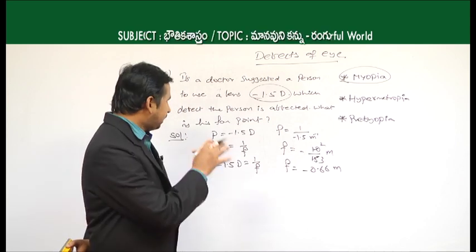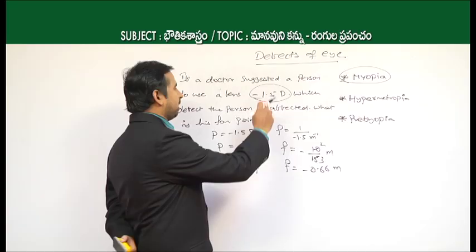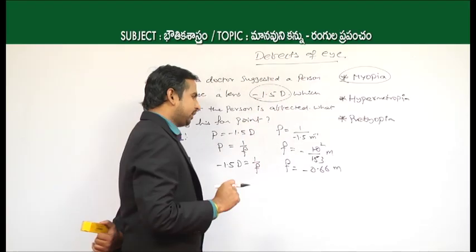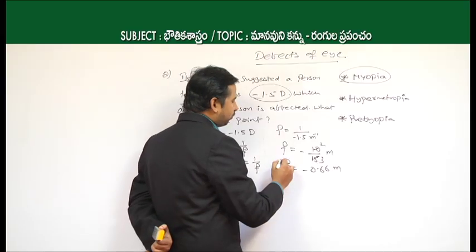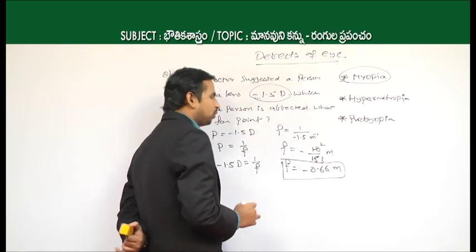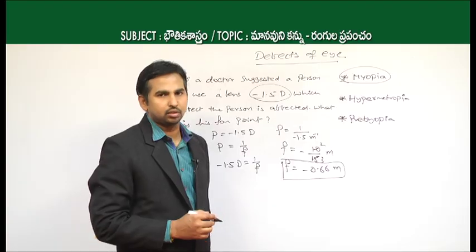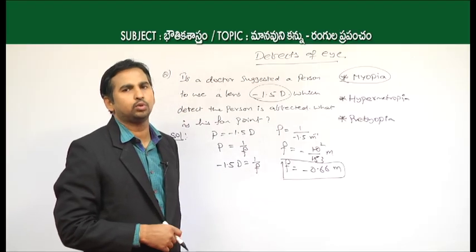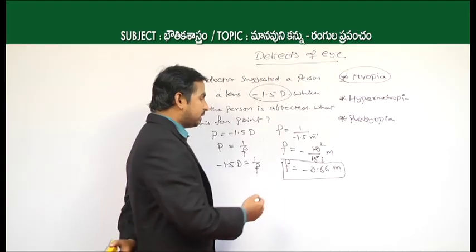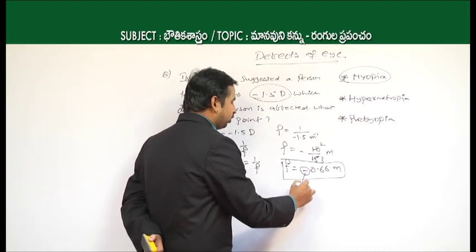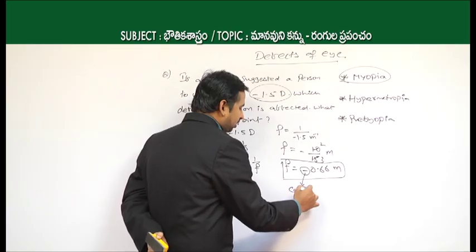Now, the question asks which defect the person is affected with. Here the recommended power is minus 1.5 D. As it is minus, we get the focal length as minus 0.66 meters, or you can write that as 66.66 centimeters. That minus, the focal length being negative, means nothing but a concave lens.